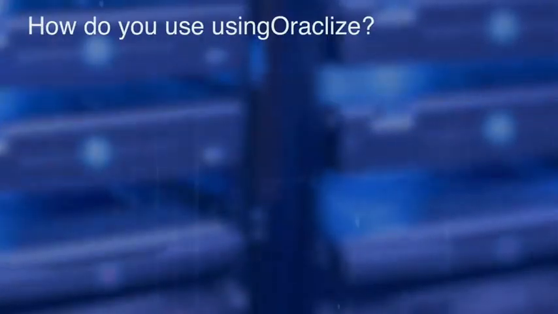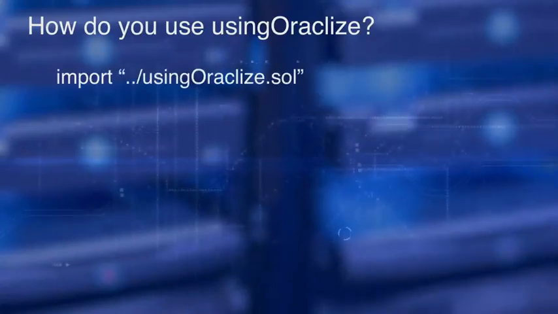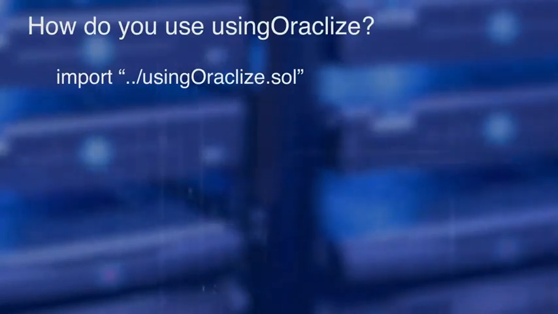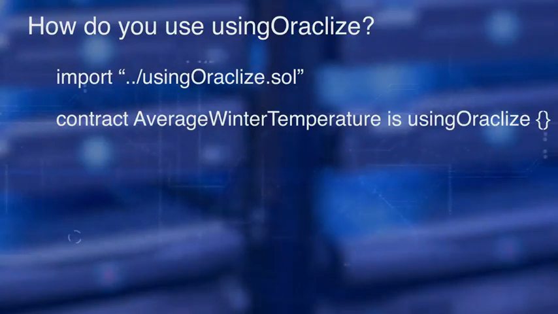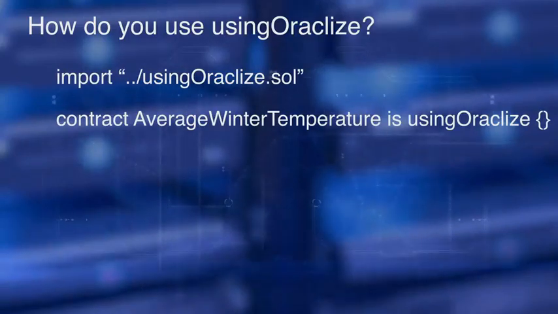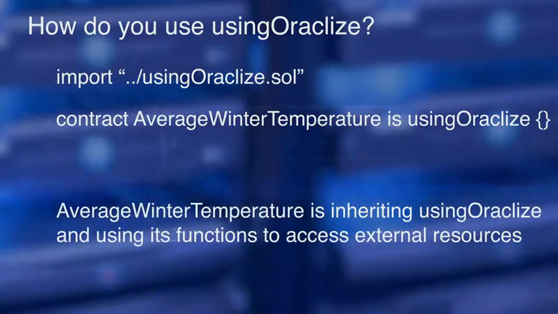How do you use usingOraclize? First, you import the usingOraclize smart contract using the import statement. Then the contract AverageWinterTemperature inherits from usingOraclize: contract AverageWinterTemperature is usingOraclize. Here, AverageWinterTemperature is inheriting usingOraclize and using its function to access external resources.